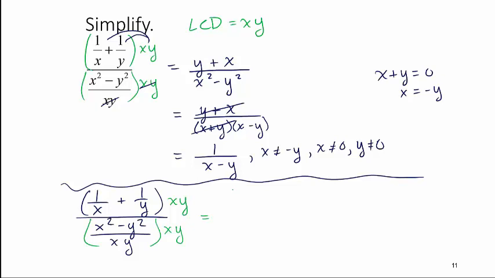So my point is, you're really distributing the xy to the numerator, right? So you're saying xy divided by x plus xy divided by y, right? All over, and down below here, that just goes away, right? X squared minus y squared.